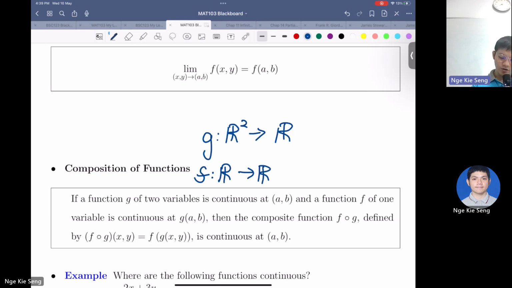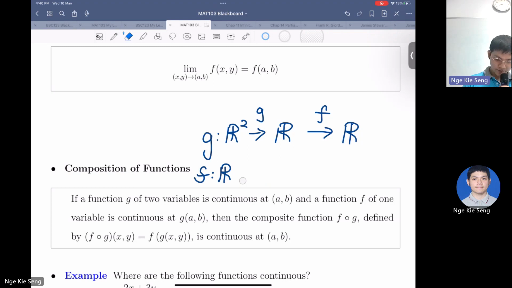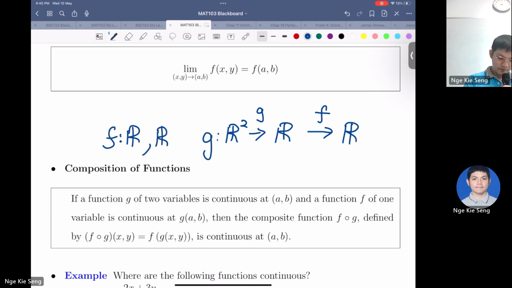So g goes from R2 to R, and then f moves from R to R. This long arrow here we will denote as f composed with g. So what is f composed with g?